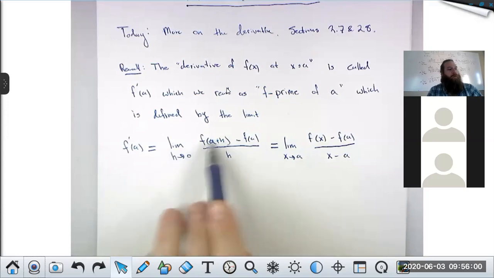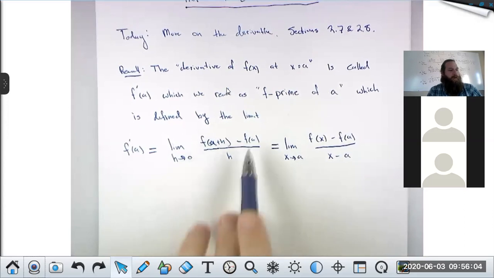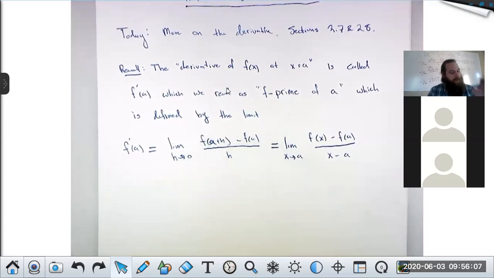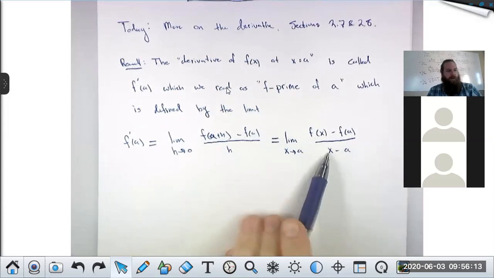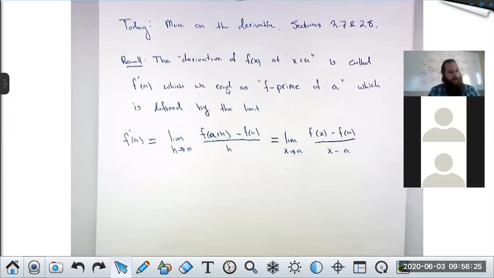This is like y2 minus y1 over x2 minus x1, where x2 is a plus h, x1 is a, and a plus h minus a is h. If you plug in a plus h for x here, this will become this. And as x approaches a, h would go to 0. These are 2 different ways of writing the same thing, and sometimes one is easier to work with than the other.